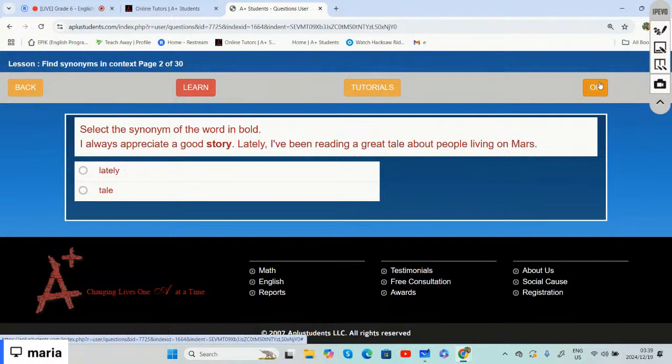I always appreciate a good story. So, story, another word for story. Lately, I've been reading a great tale about people living on Mars. So, another word for story, is it option one, lately, or option two, tale?